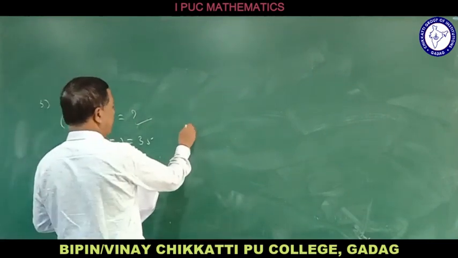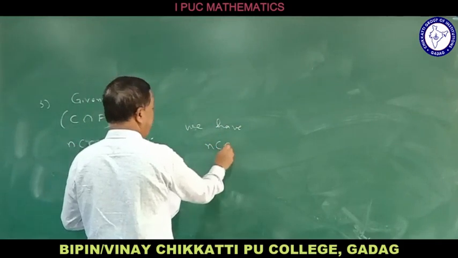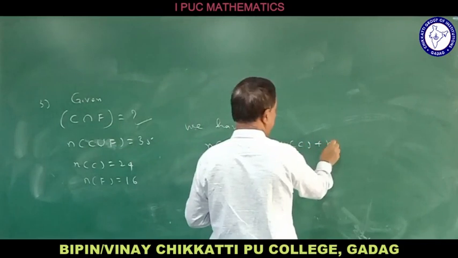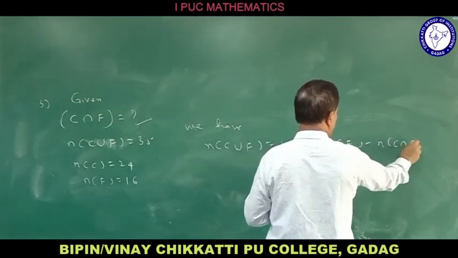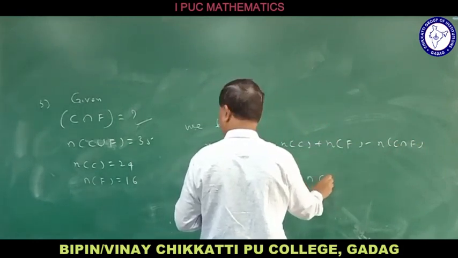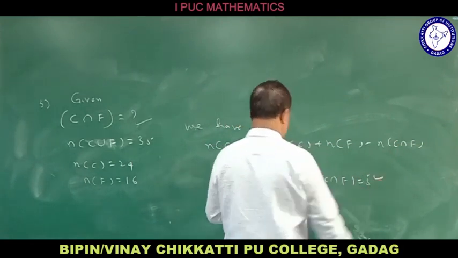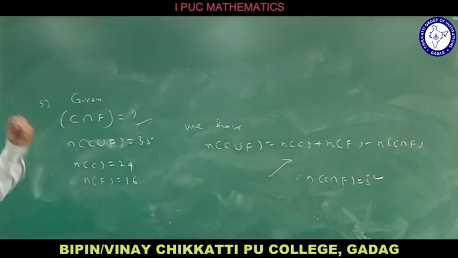Once again, it is the common formula: n of C union F is equal to n of C plus n of F minus n of C intersection F. You substitute and finally you will get n of C intersection F. Simplified, I have already given the answer here: only 5 students like to play both cricket and football.